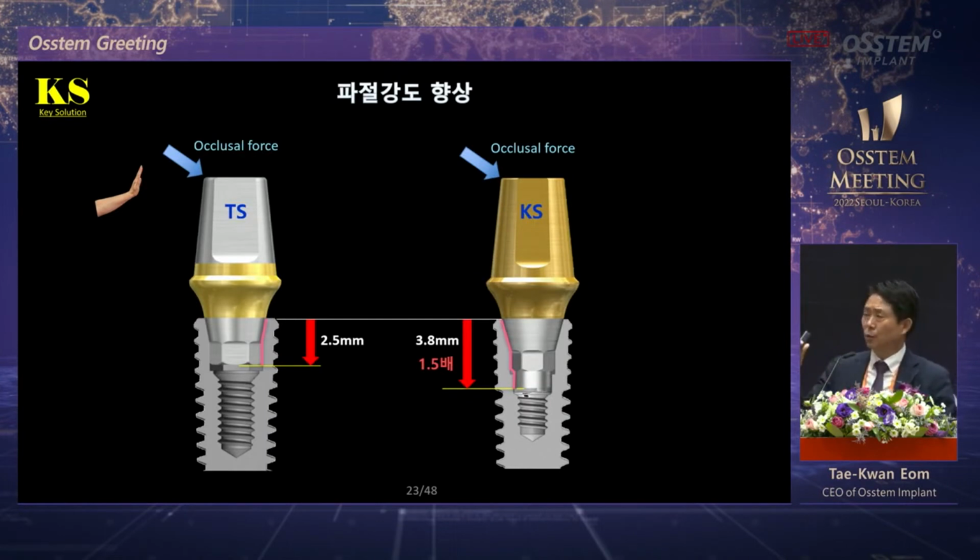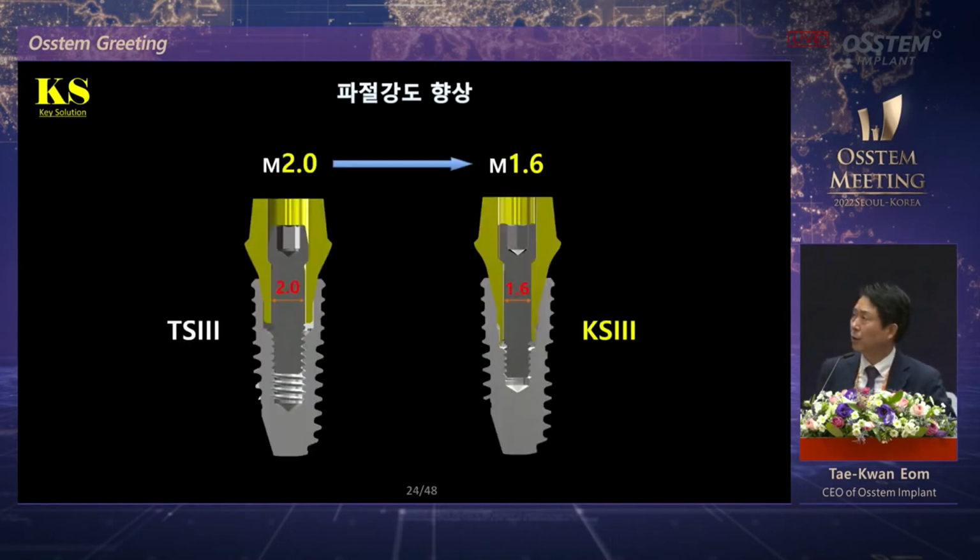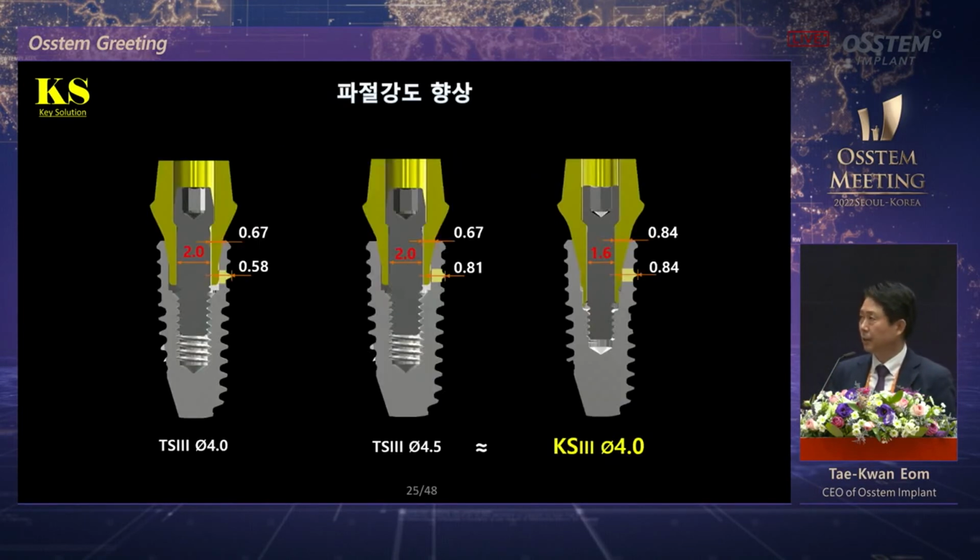So TS versus KS, the depth is different. When roots are deeper, the tree gets more strength from the ground. So because of this root length difference, the effect is different. The screw is 2.0 in TS and it is reduced to 1.6 in KS.